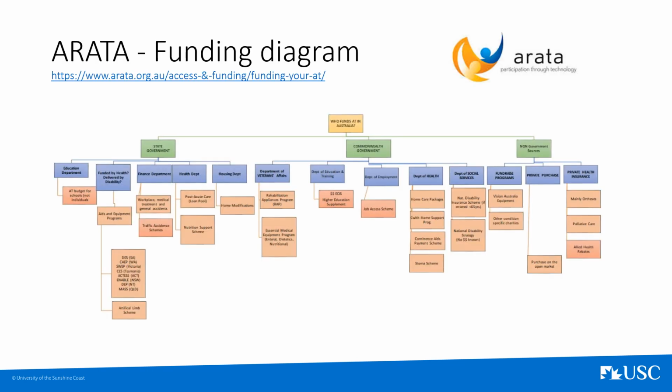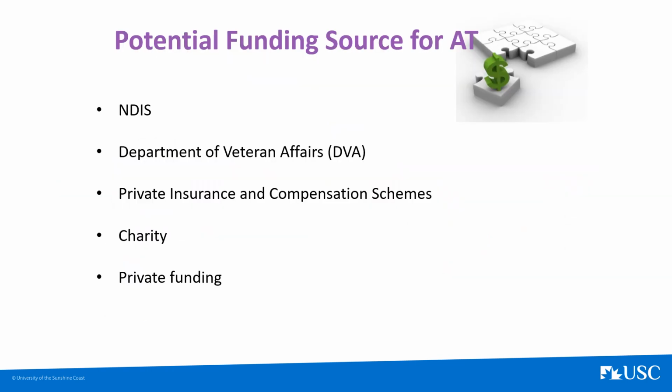Arata have done their best to map out all the options, and I encourage you to have a look at this website. These are all the places you can get technology. So sometimes it might be private, it might be insurance based, and it might be NDIS based, or it might be through charity. So as I mentioned before, NDIS, Department of Veteran Affairs, private insurance, compensation, charity, private funding.